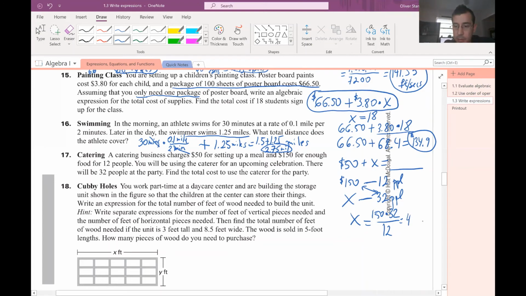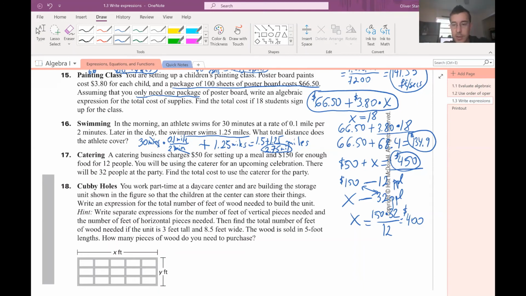So this is $400. That's how much we need, $400 to feed 32 people. So $150 we need for 12 people, we need $400 for 32 people. So x is 400. So 400 plus 50 is $450. That's the total cost we need for the caterer for the party.